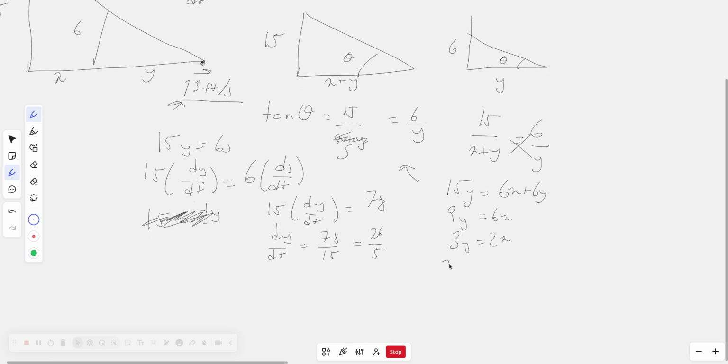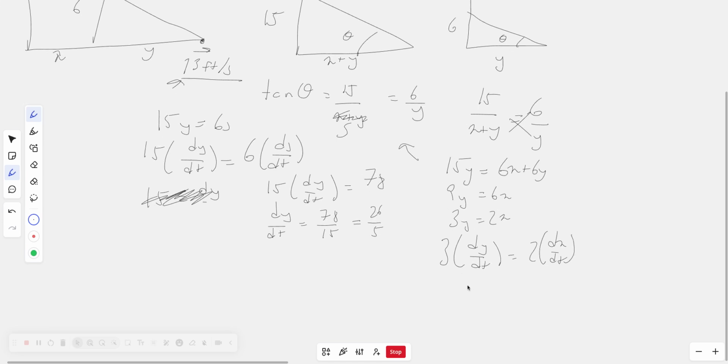So then we can differentiate: 3 times dy over dt is equal to 2 times dx over dt. So notice how we use dy over dt as sort of an intermediate between ds over dt and dx over dt. So now we can plug it in and we get 3 times 26 over 5 is equal to 2 times dx over dt.